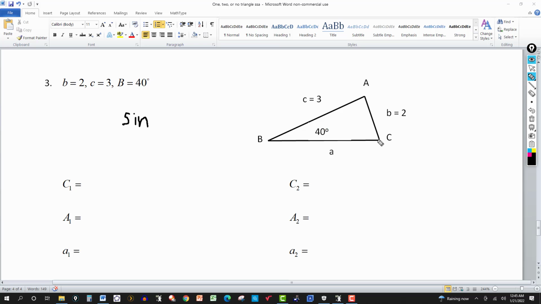So I'm going to say the sine of C over the length of the opposite side, which is 3, should equal the sine of any other angle that we know, and we know 40 degrees is angle B, so let's just say sine of 40 degrees over the length of the opposite side, which is 2.